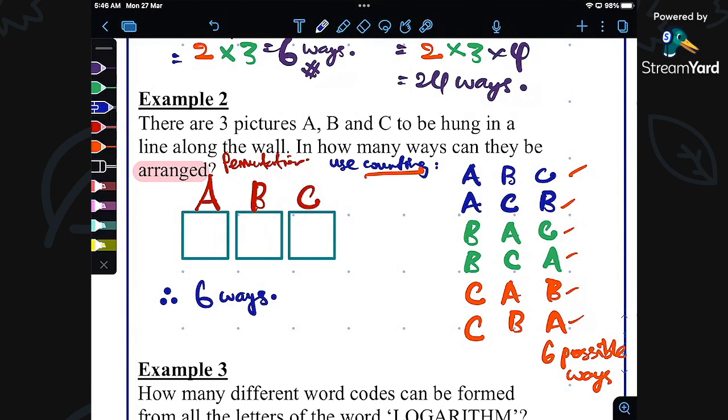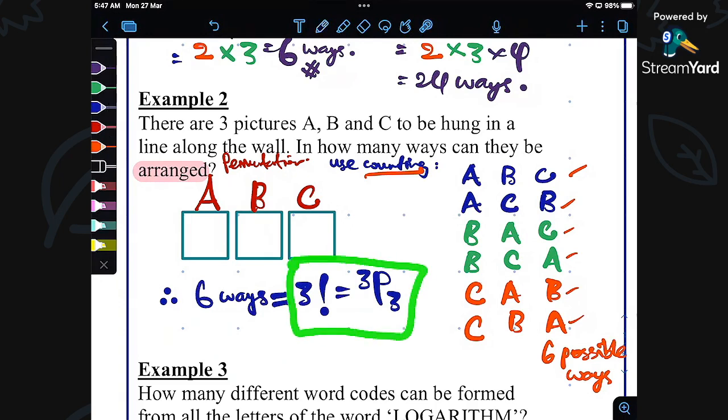But if you learned it in permutation, the way to write your answer is just 3 factorial. And 3 factorial is actually 3P3. This is what you have learned in school, where this is how we write them.